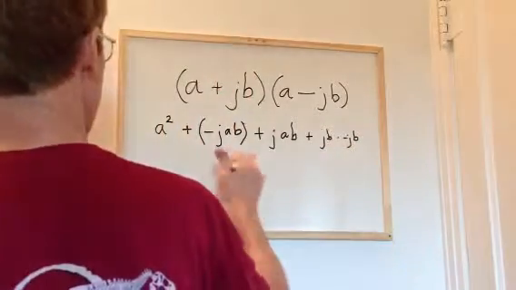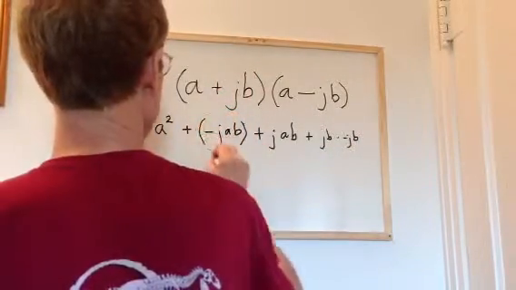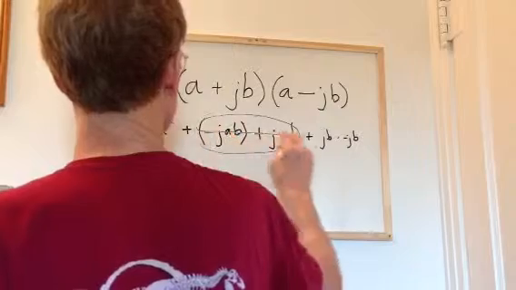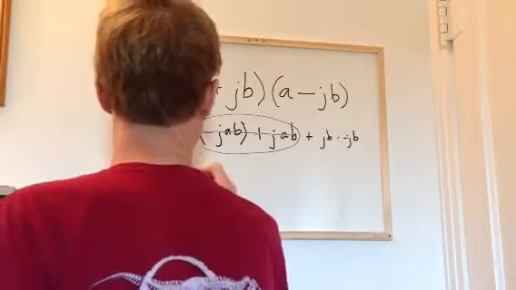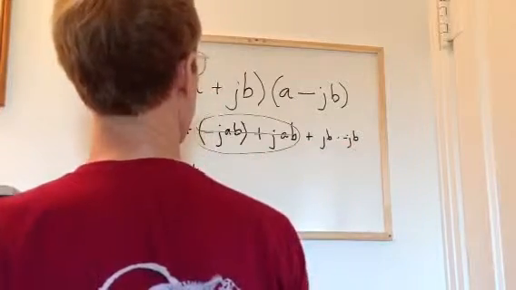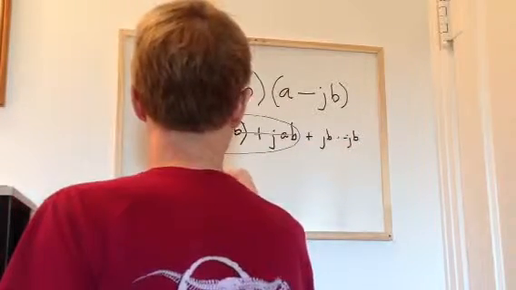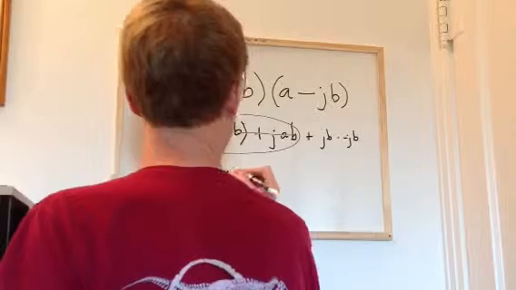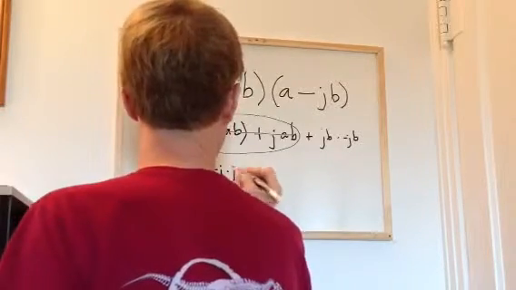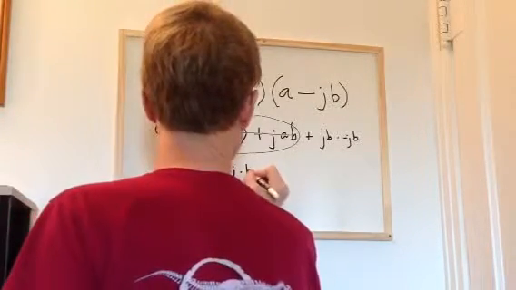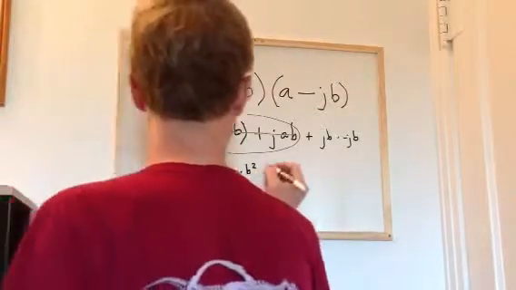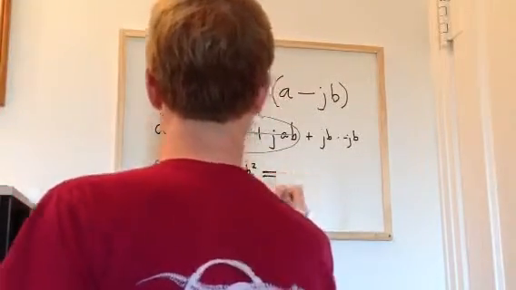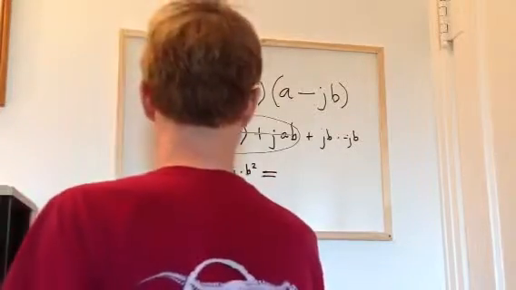Let's simplify here. Note that these two terms cancel. So we get A squared plus, now let's evaluate this. It's minus j times j times B squared. Well, what's minus j times j?